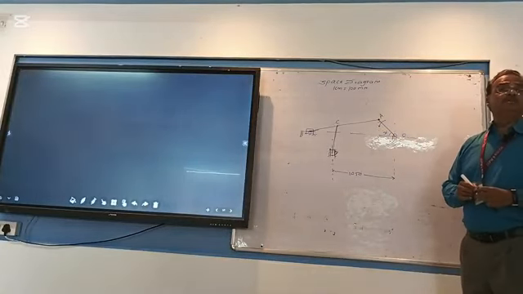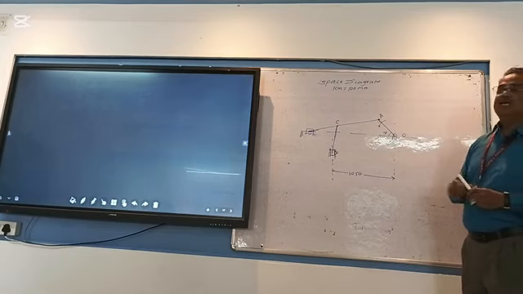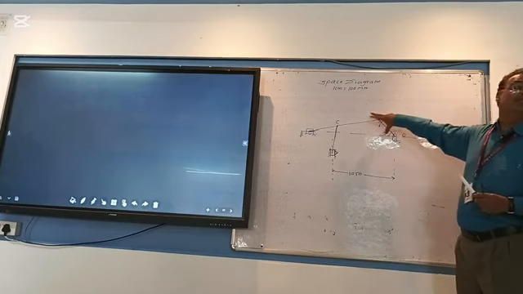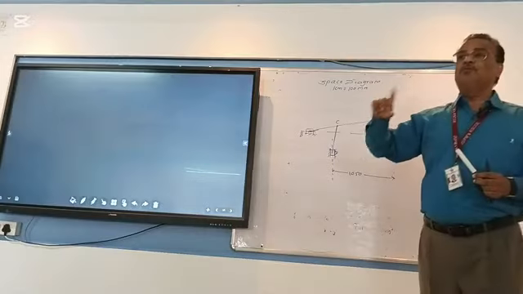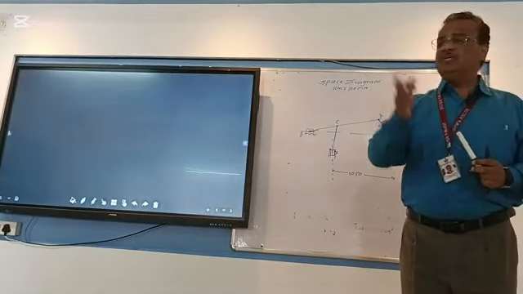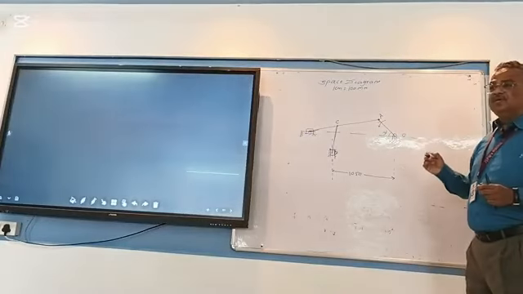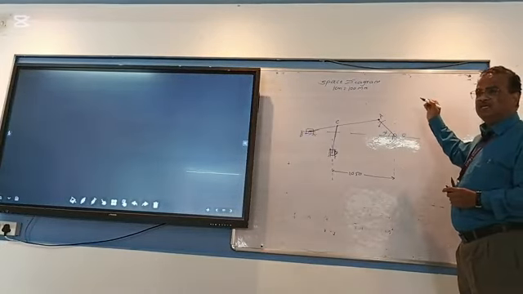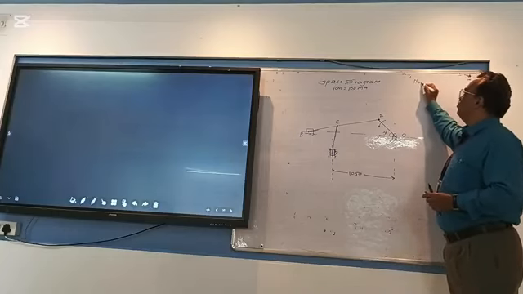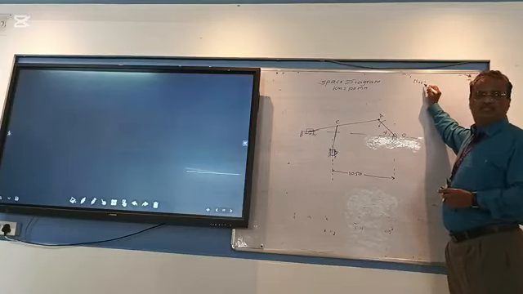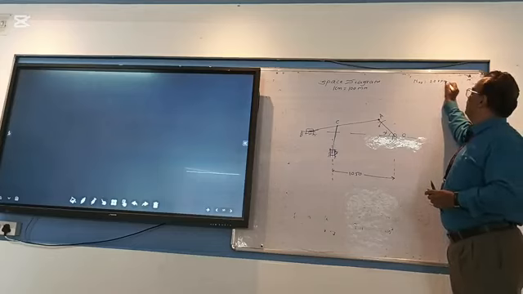The other thing that you must know is the magnitude of that crank. It must be provided with RPM or omega, the angular velocity of that particular link. What data have they provided? RPM of that crank NOA is given as 20 RPM.